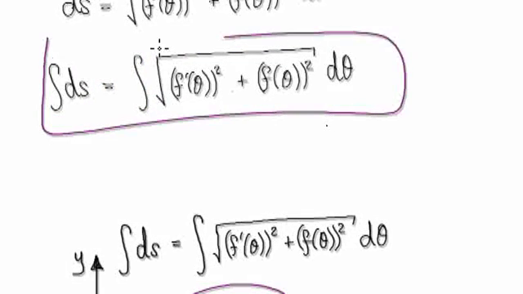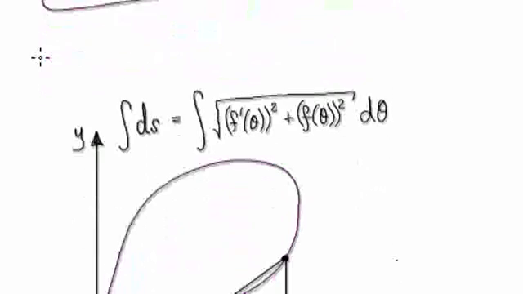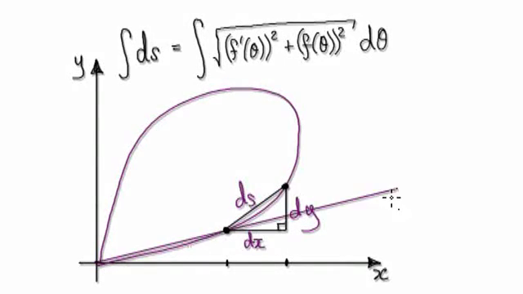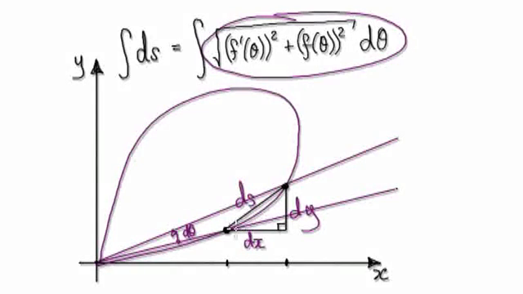What this is saying is that we know dx and we know dy, so from this we can work out ds. When you give it a small increase in the angle d theta, this whole thing here represents ds, the actual length.